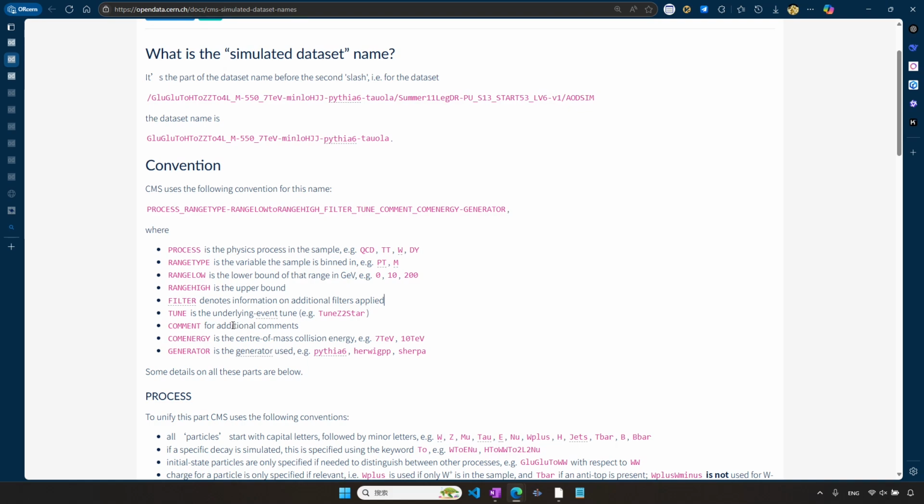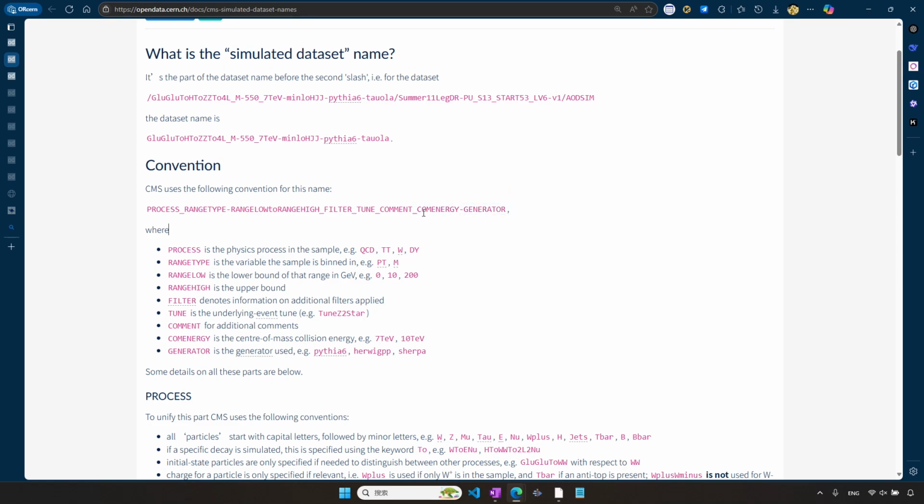Also there are many additional filters that we use in the analysis. Also, if we need some comments and additional information, we can write the comment, and the comment can tell us more.